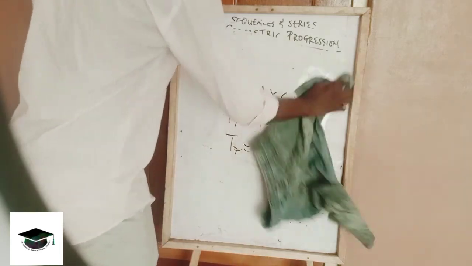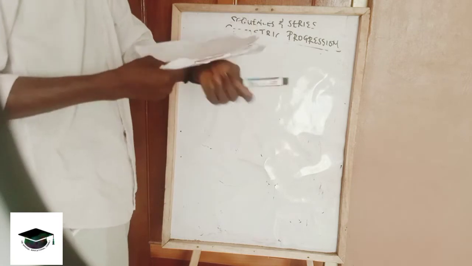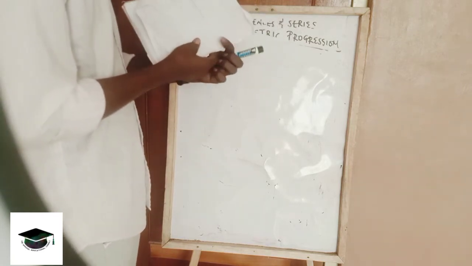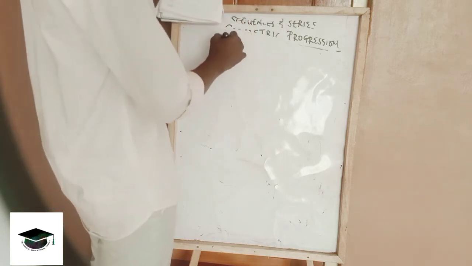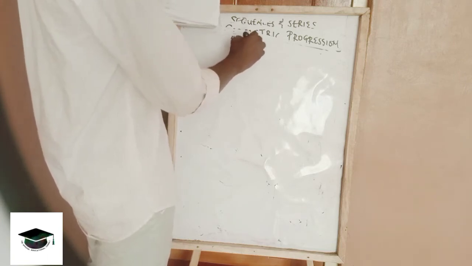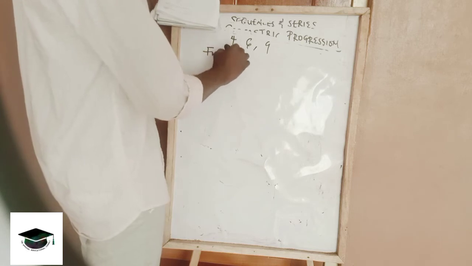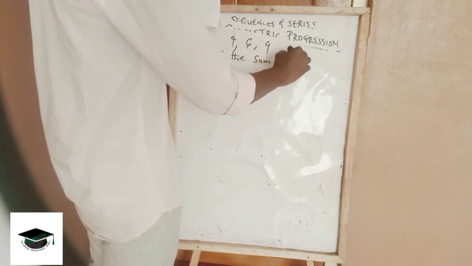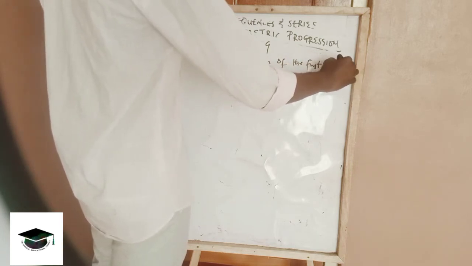So now let us solve a little bit on the sum of GP. Now, you have been given something like this: 4, 6, 9, and you are asked to find the sum of the first 10 terms.